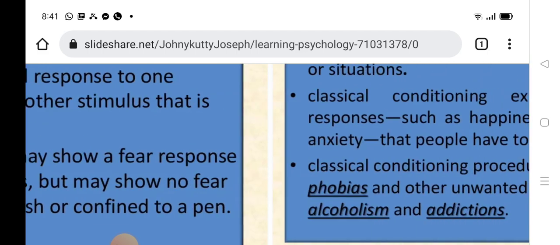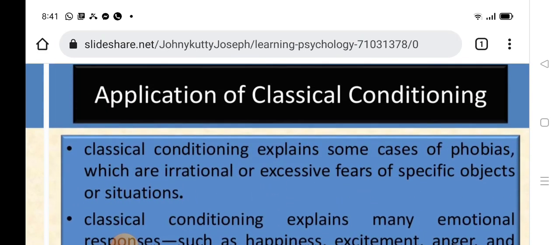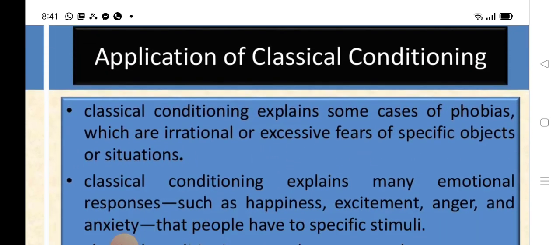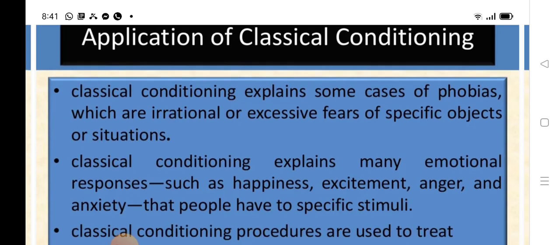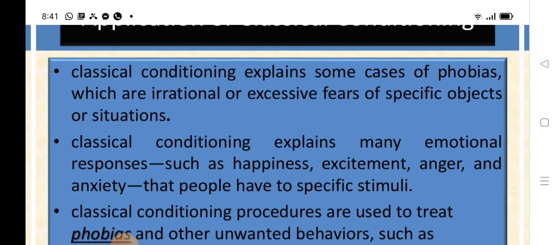This is logic. So, classical conditioning explains some cases of phobias, which are irrational or excessive fears of specific objects or situations. Classical conditioning explains many emotional responses such as happiness, excitement, anger, and anxiety that people have to specific stimuli.